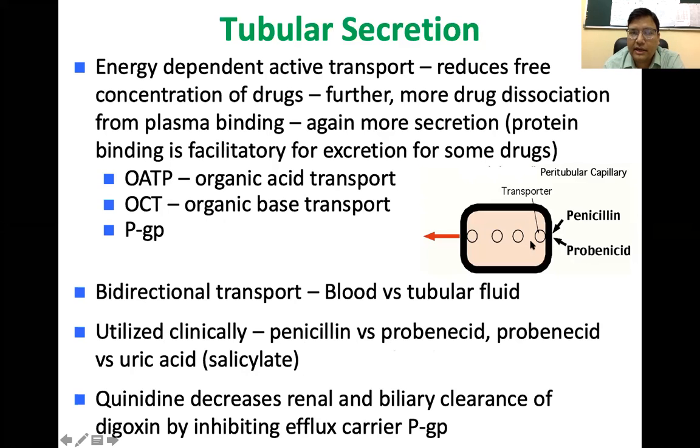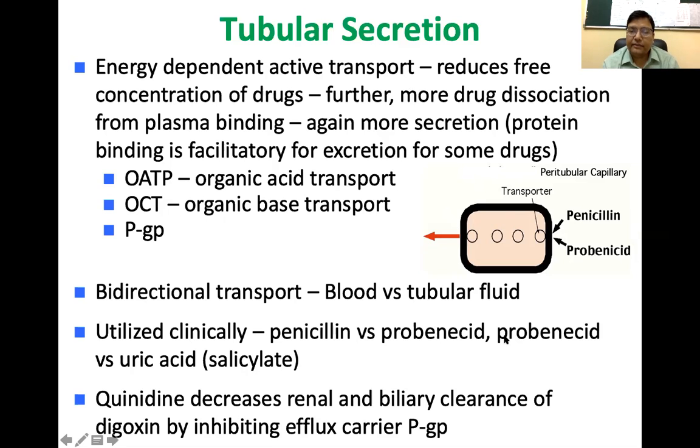Since they inhibit these transporters, when they are given with penicillin, the tubular secretion of penicillin decreases, so the penicillin concentration in the plasma lasts for a longer duration. That is why probenecid was initially prepared, for reducing penicillin tubular secretion and thereby enhancing its duration of action.